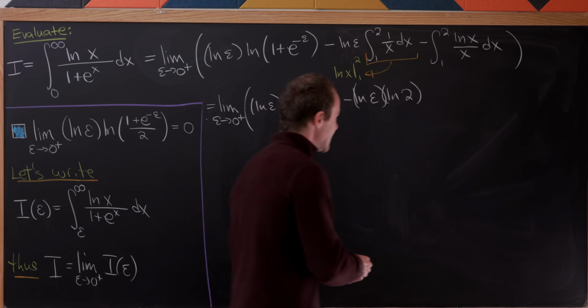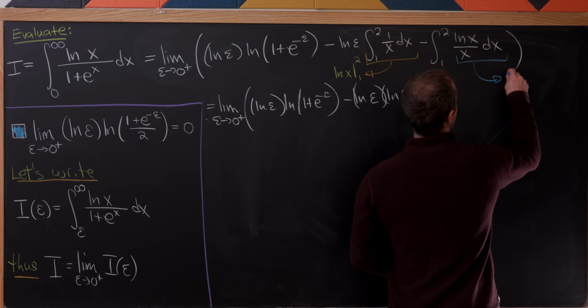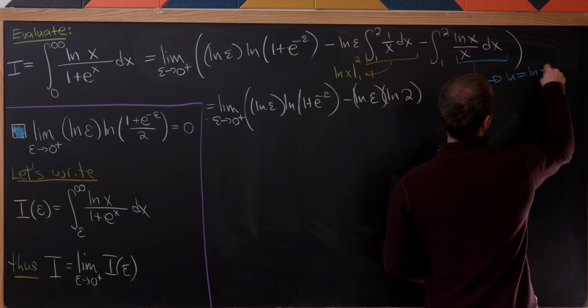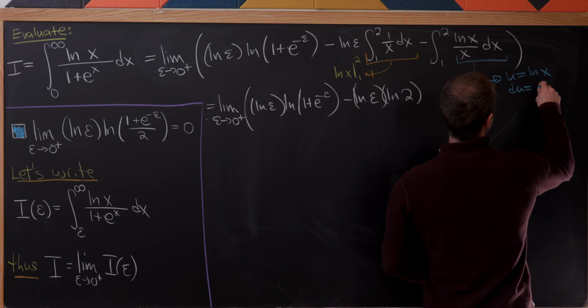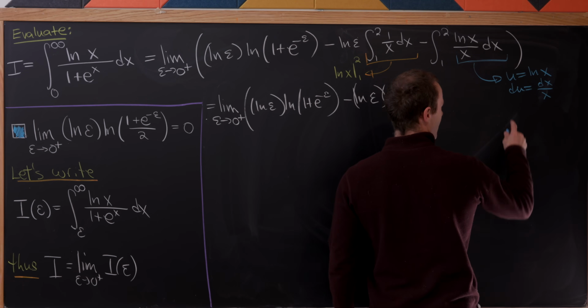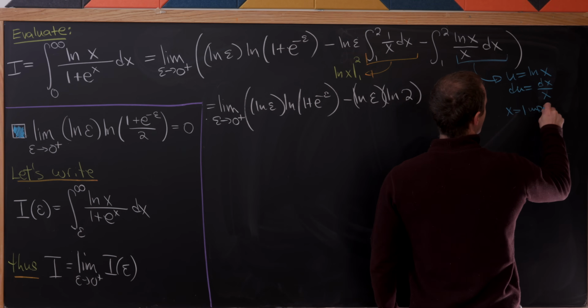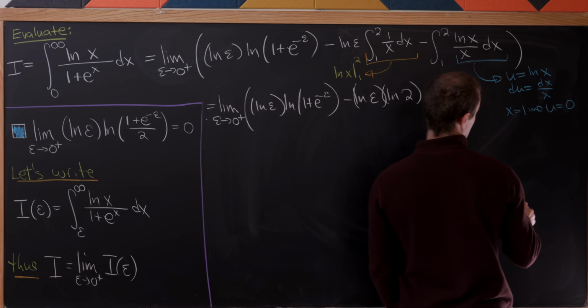And now for this next one, perhaps we'd like to do a u substitution. So let's do that. Let's set u equal to the natural log of x, which makes du equal to dx over x. Furthermore, let's notice that when x is equal to 1, we have u is equal to 0.